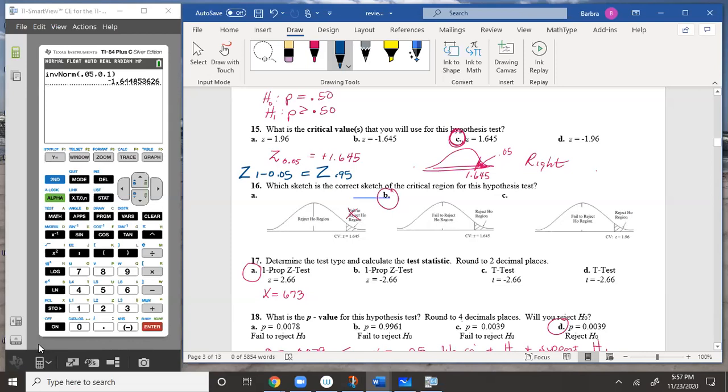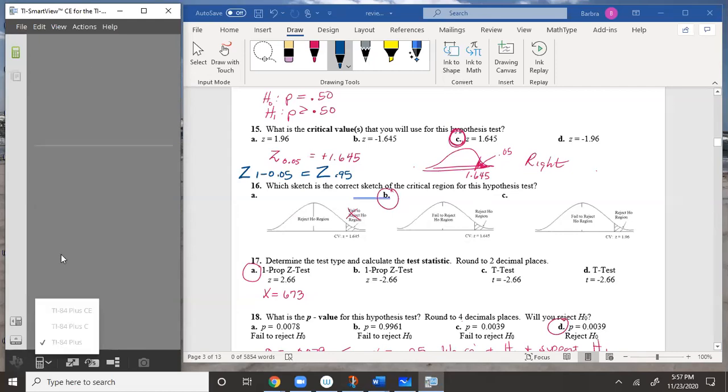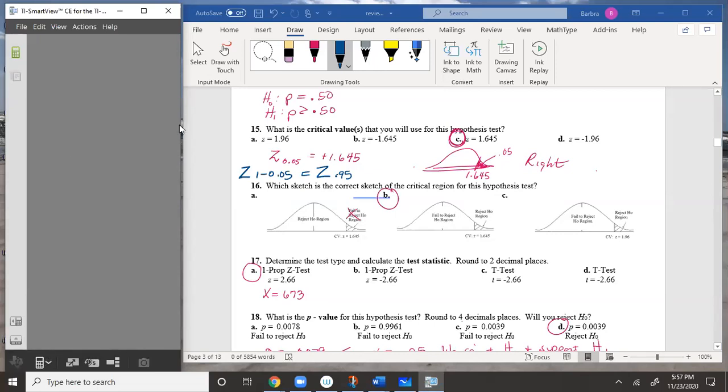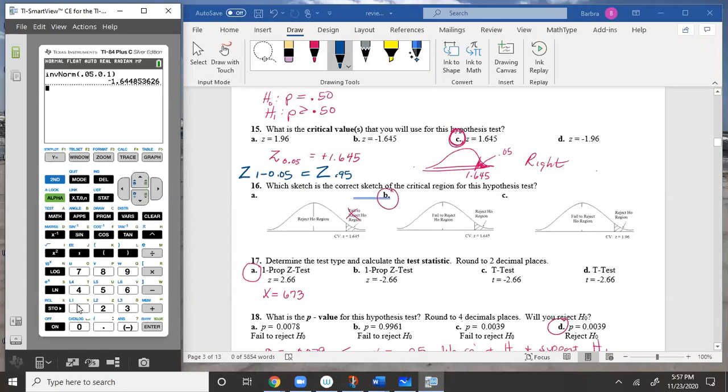I have another calculator, which is the TI-84 plus CE, and it's so cool. What we want to do is get the complement of the area in the right tail. So 1 minus 0.05 is 0.95. So the area to the left of this z-score is 0.95.